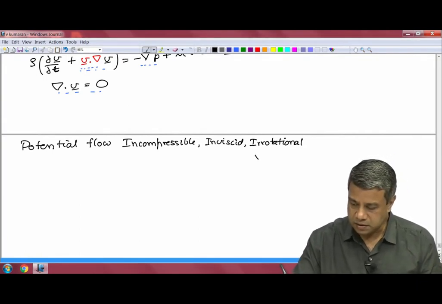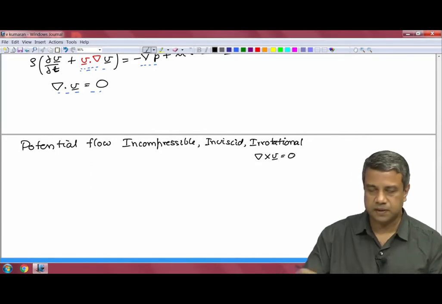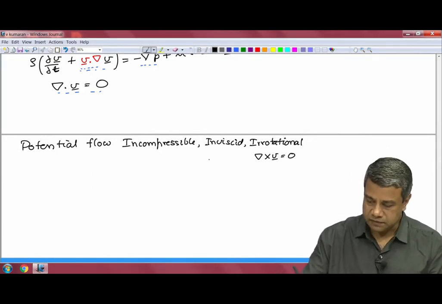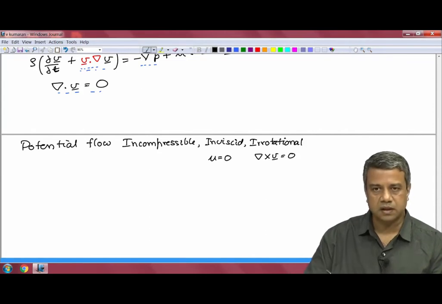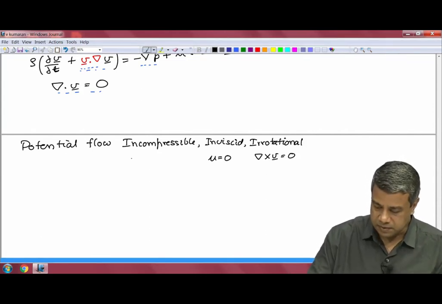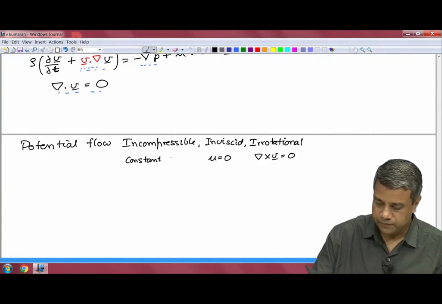Irrotational means the vorticity is equal to 0. Inviscid means the viscosity is equal to 0. And incompressible is constant density.